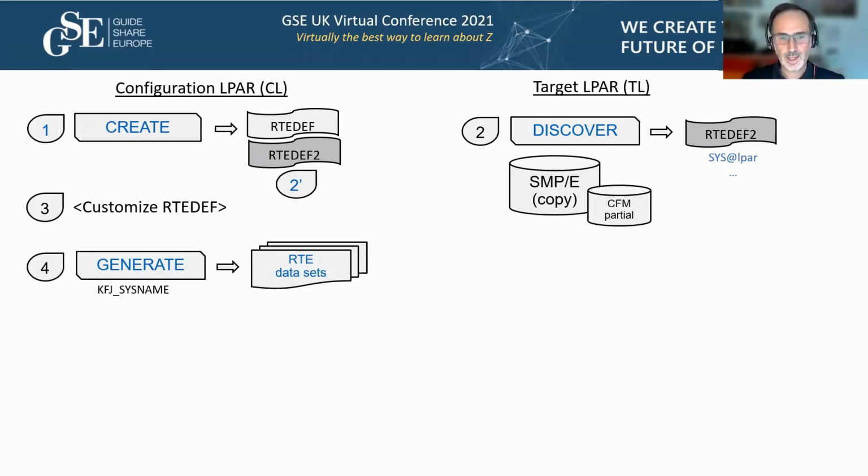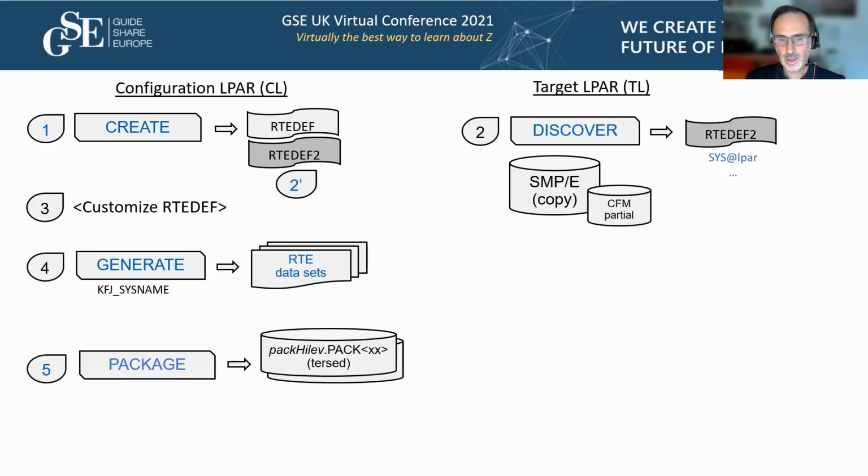We can selectively generate this for a specific system. And for that purpose, there is a KCI vars DD statement called KFJ sysname. So if you specify that to be sys1, we'll create the RTE for sys1. If it's sys2, we'll create it for sys2 and so forth by pulling in the respective members that are LPAR specific. After generate, you would call package.